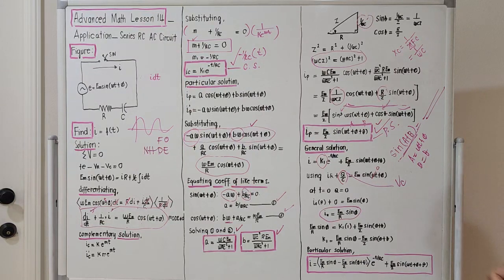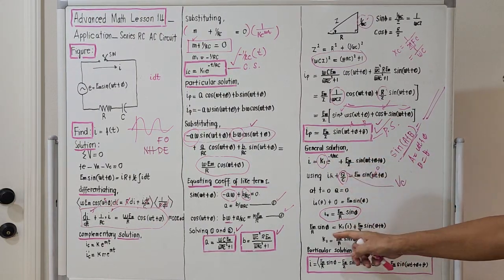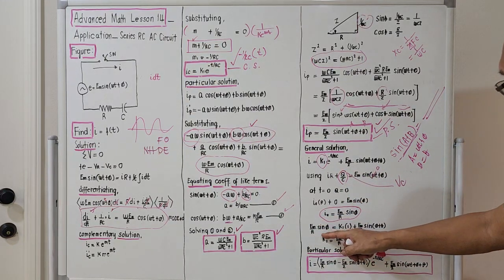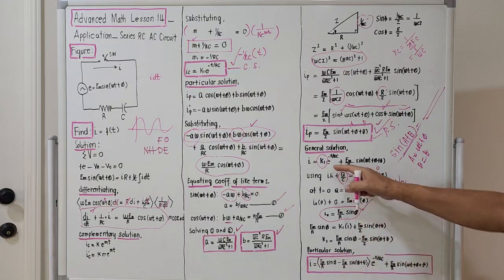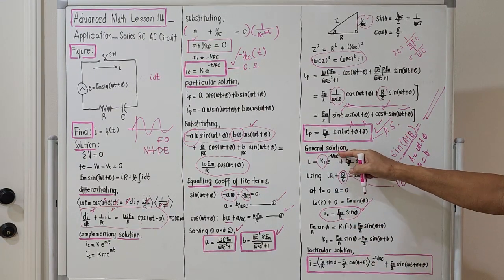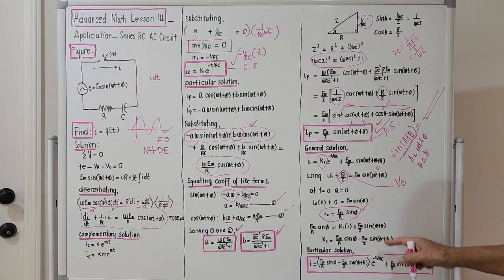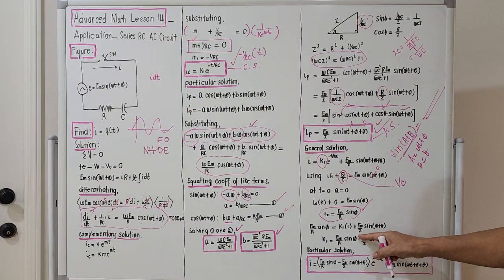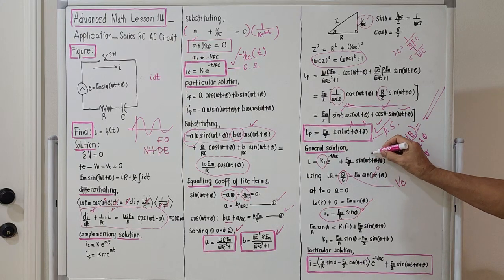So if we try to go back to the general solution, the initial current is actually E sub m over R sine of angle P as per computation. This should be equal to K1. When time t equals 0, this will become 0. A to the 0 will be equal to 1. So this is times 1. Plus E sub m over Z sine of, at time t equal to 0, this will become 0, right?